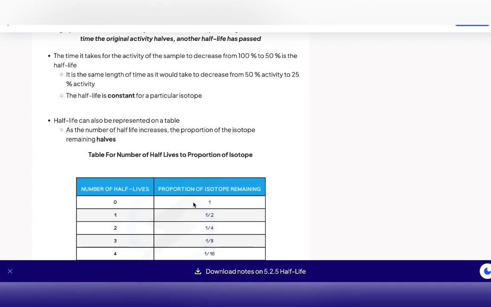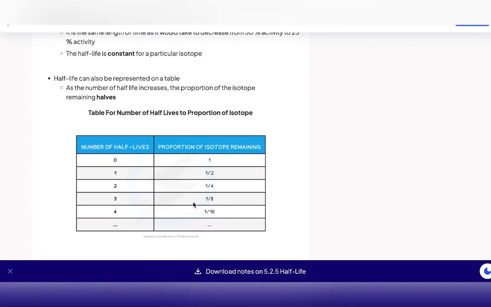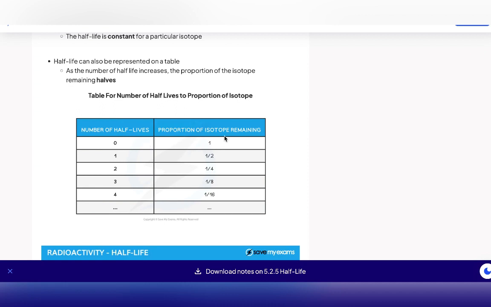Now let's take a look at the number of half-lives in relation to the proportion of isotope remaining. Every half-life, half of it decays and half of it remains. Move another half-life, and again half of it decays and half remains. So after the first half-life, to calculate what is remaining, you divide by 2, or multiply by 1 over 2.